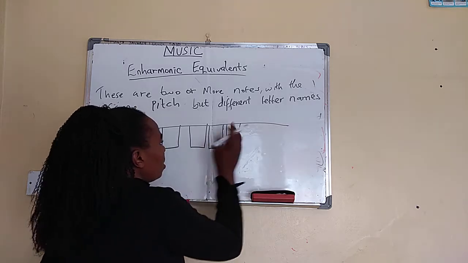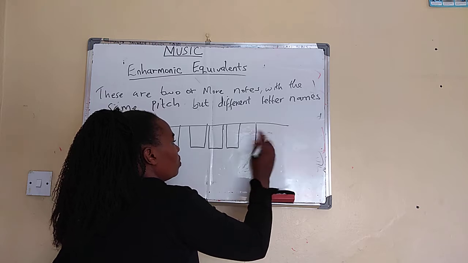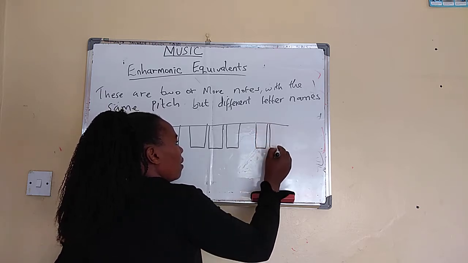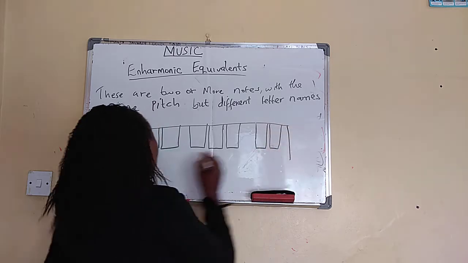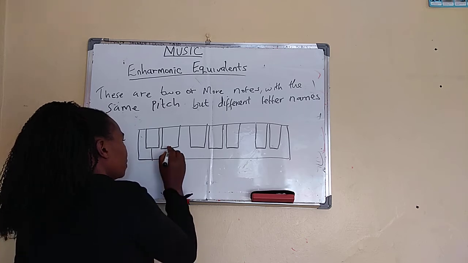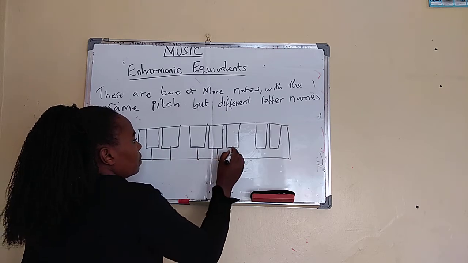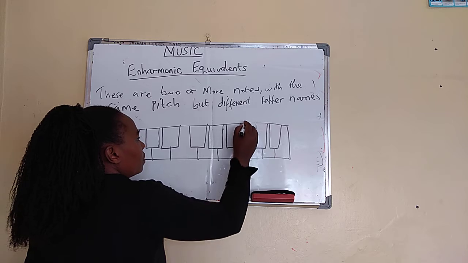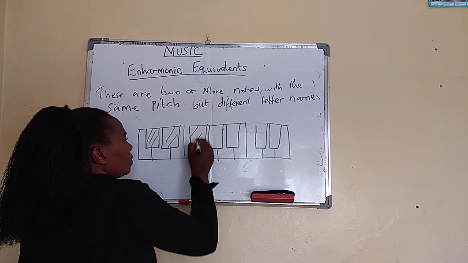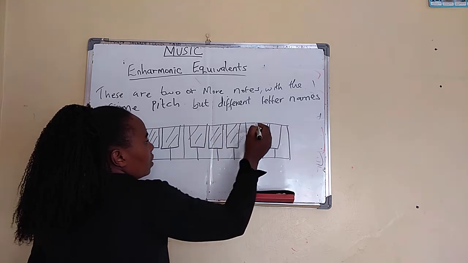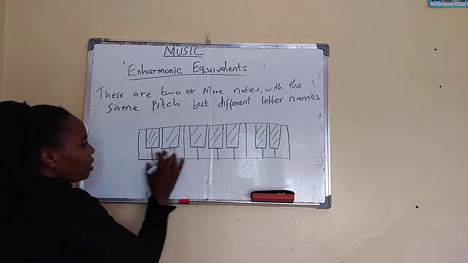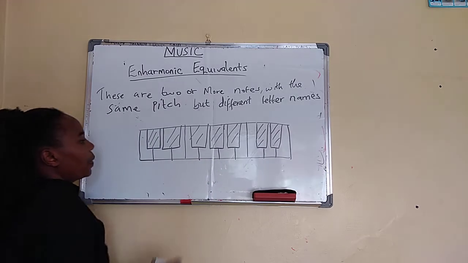So from 2, 3, we are going back to 2. Let me make it equal with this one. So this is my black. I'm shading the black notes and the rest here are the white notes.